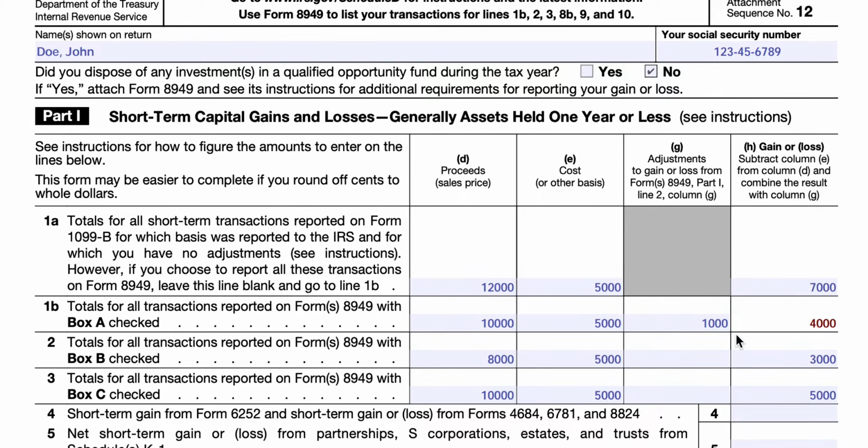Now in line 4, we're going to enter gains or losses from other tax forms or schedules that you might have had to complete.